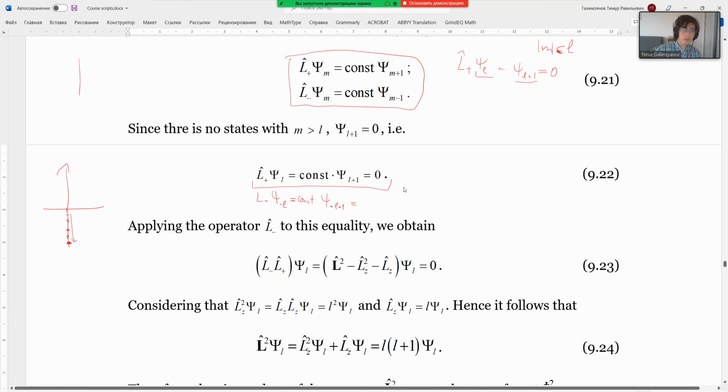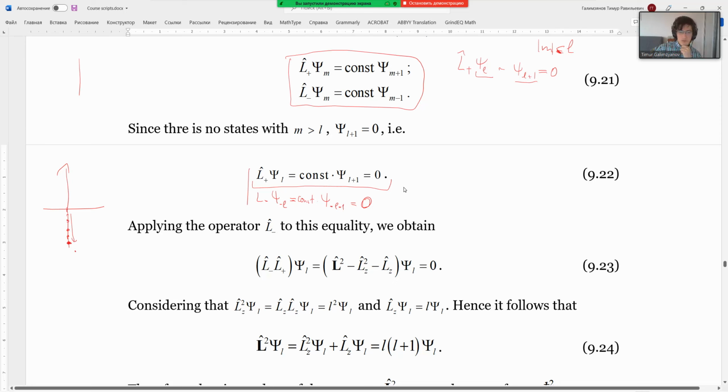But still there are no states larger in absolute value than the largest projection of angular momentum. That means that it's 0 too. So that's very important.